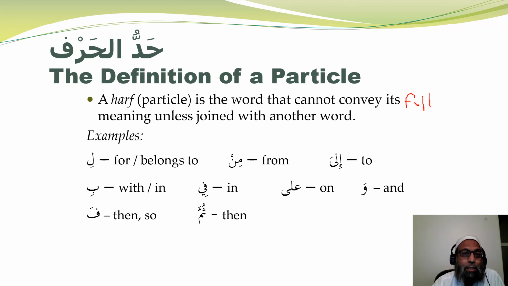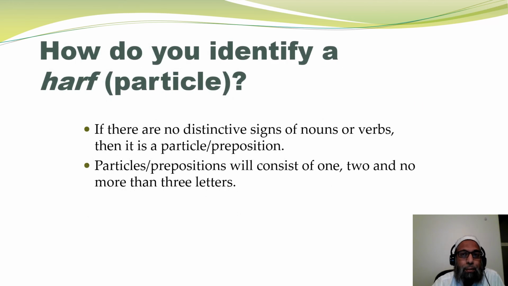So in this case, you're going to have to add a noun, right? Min means from, ila means to, bi means with or in, fi means in, ala means on, wa means and, fa means then or so, thumma means then. So these are different examples. We'll learn more about it as we move forward.